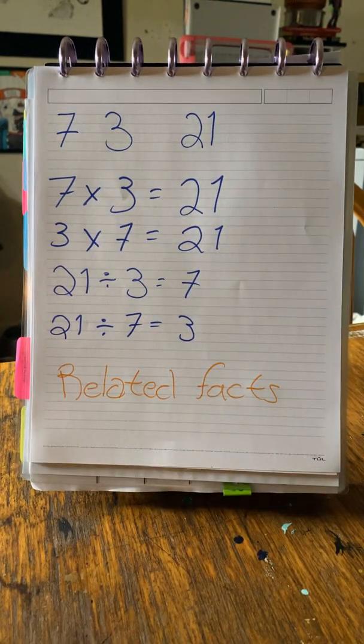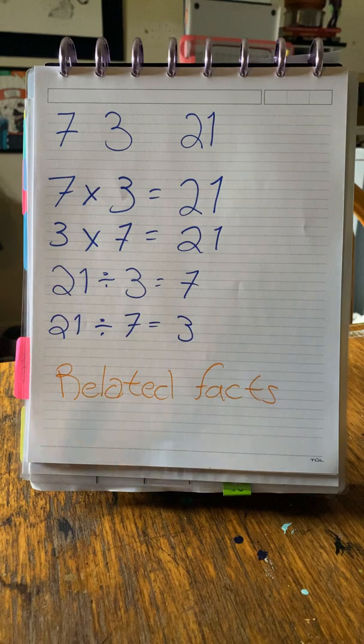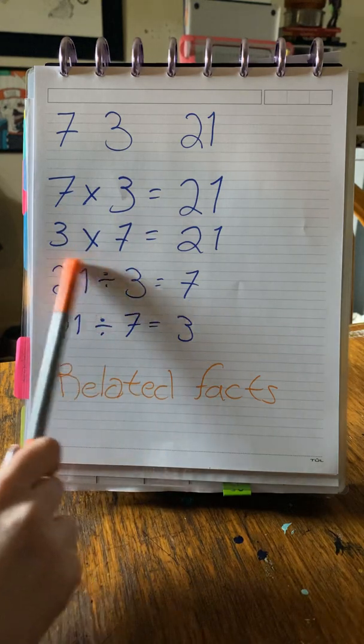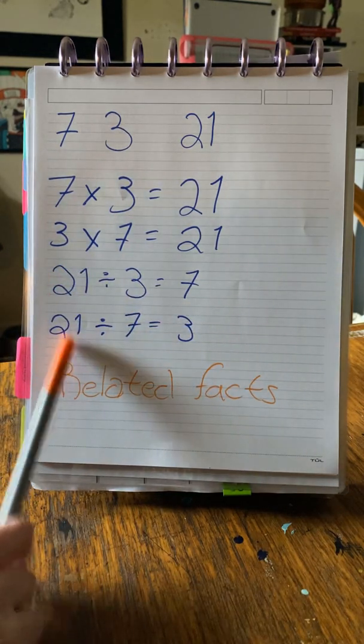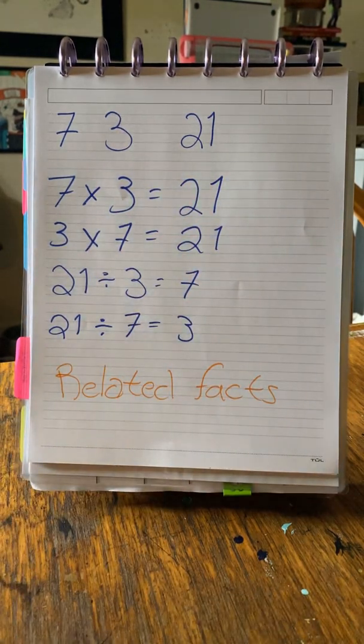We have a family of numbers here, 7, 3, 21, and they can change up their jobs a little bit. Sometimes 21 is doing the job of being divided. Sometimes 21 is doing the job of being the answer. So they are related. They are part of a family. All right, so we have our related facts.